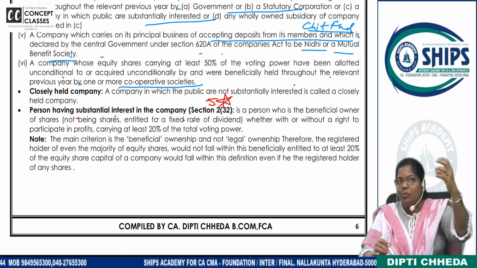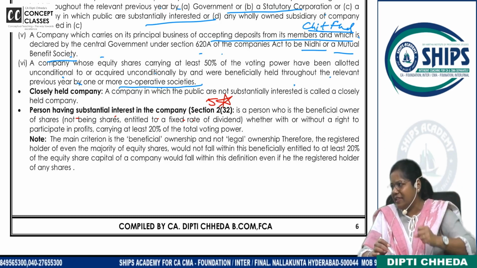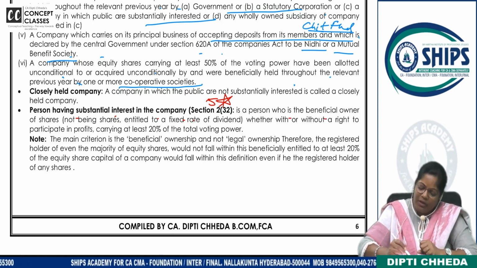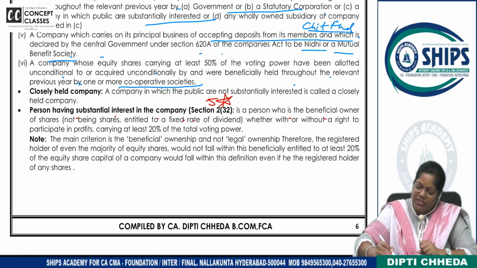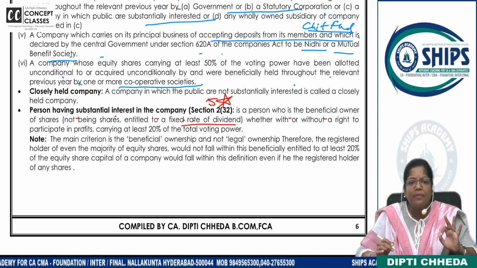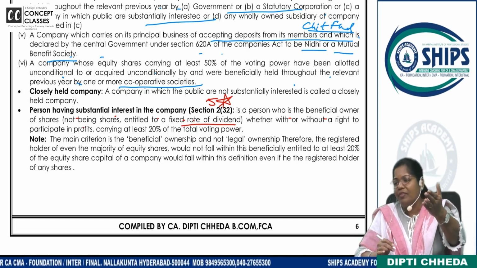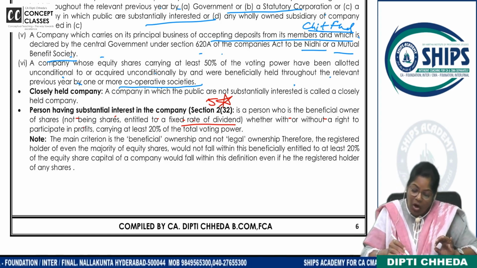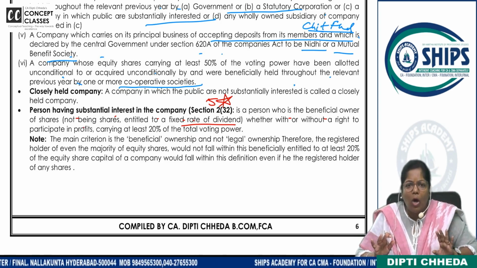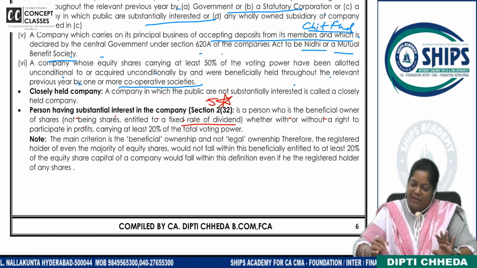Substantial interest, matlab who is that person who is having a major interest? He is a person who is the beneficial owner of shares, not being shares entitled to a fixed rate of dividend. Means we are not talking about which shares? Fixed rate of, very good, very good. Not being shares entitled to fixed rate of dividend means we are not talking about preference shares.